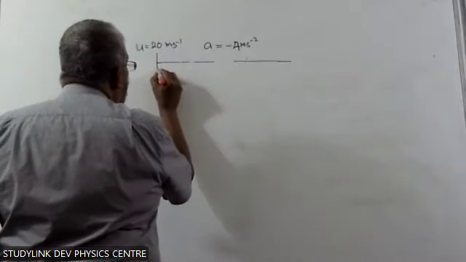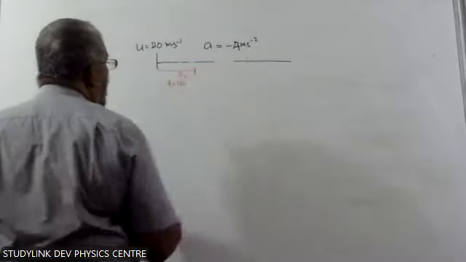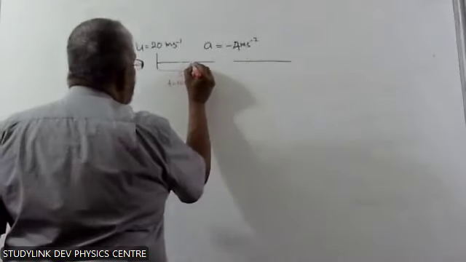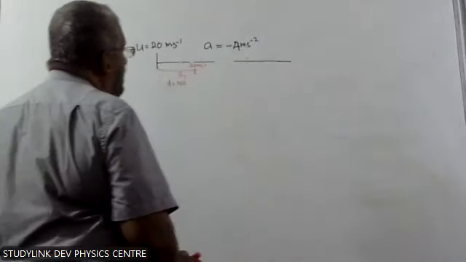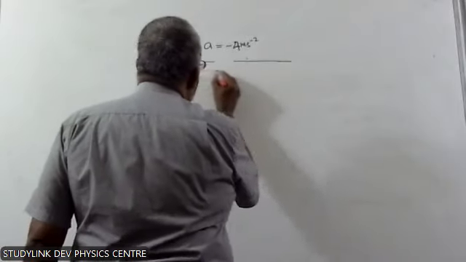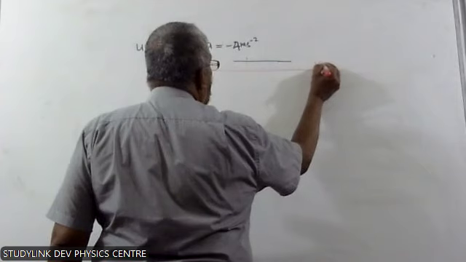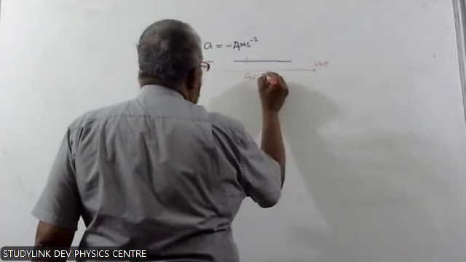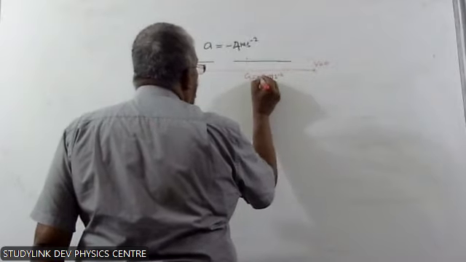Until that, this travels certain distance s1. Still the velocity is 20 m/s. After that, it travels further and comes to rest. V is 0, a is minus 4 m/s squared.